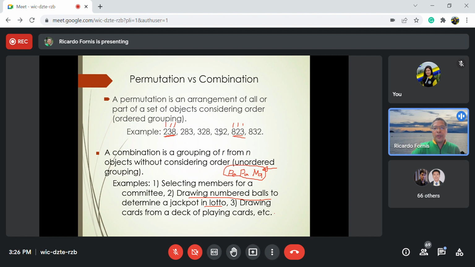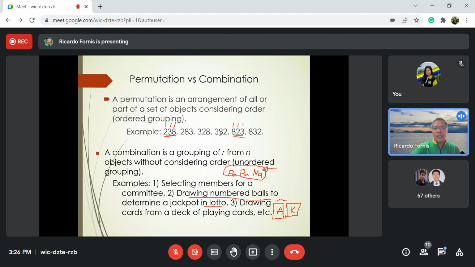Drawing cards from a deck of playing cards. For example, if somebody gets 2 cards from the deck, and the cards in the hand are ace and king, he will declare, my cards are ace and king. But somebody would say, no, that's wrong, his cards are king and ace.